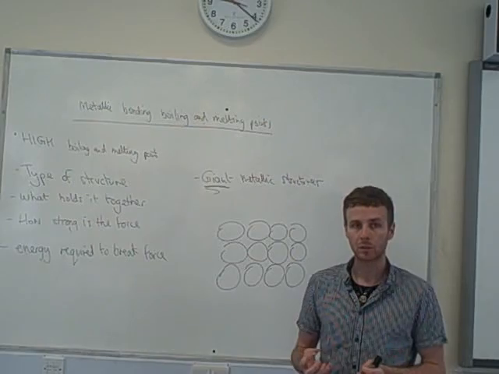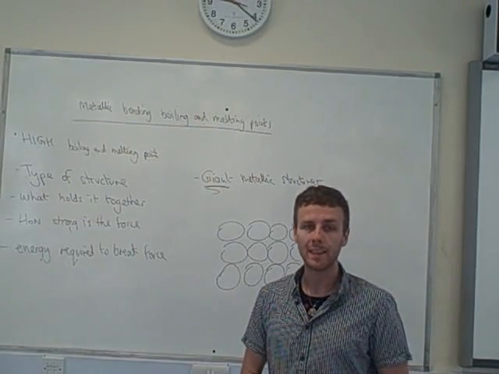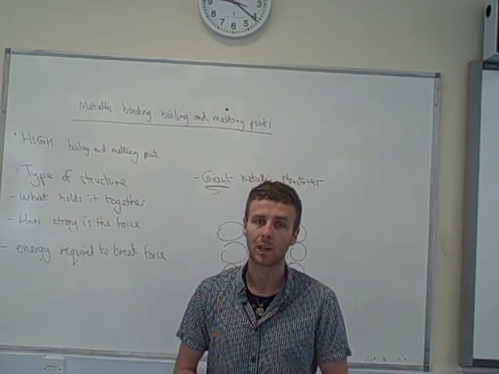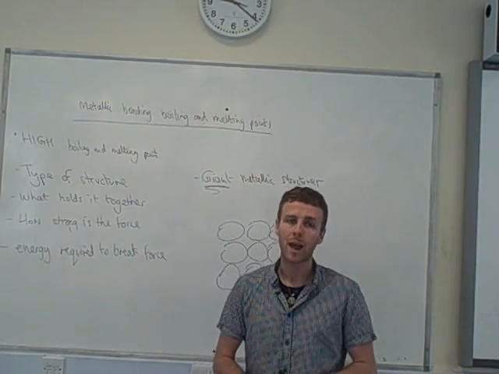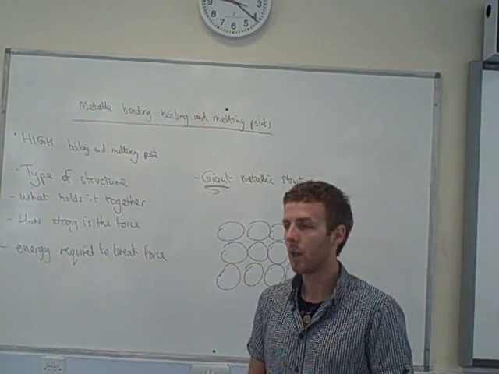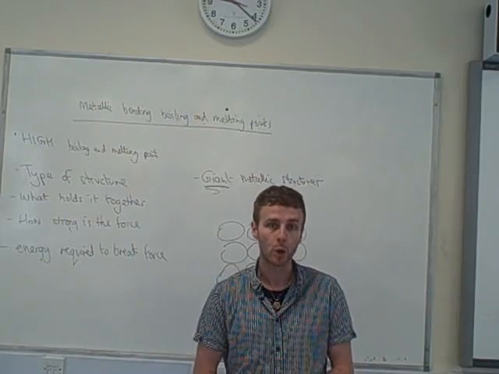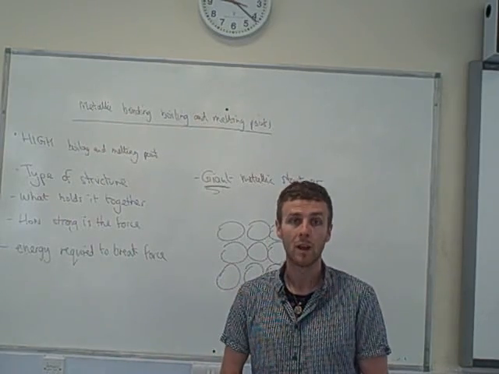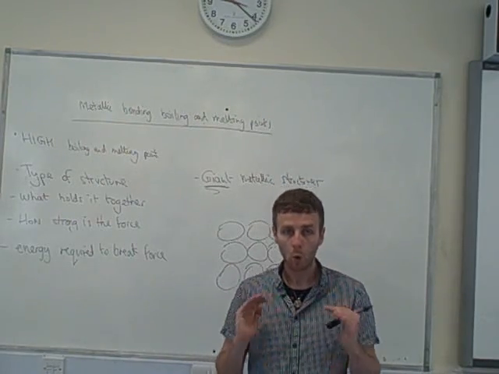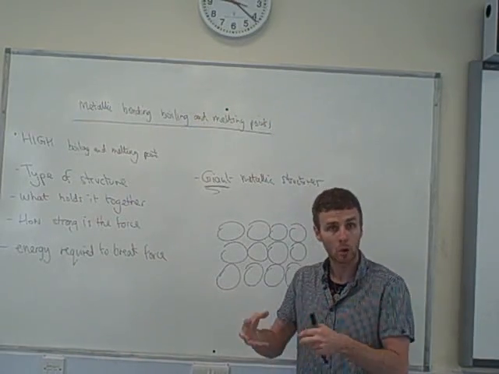When metals join together, when they form metallic bonds, they delocalize their outer shell electrons. The number they delocalize depends on how many they have. So for example, group 1 metals will delocalize 1 electron, group 2, like magnesium and calcium, they'll delocalize 2. But all metals delocalize some electrons when they bond together.